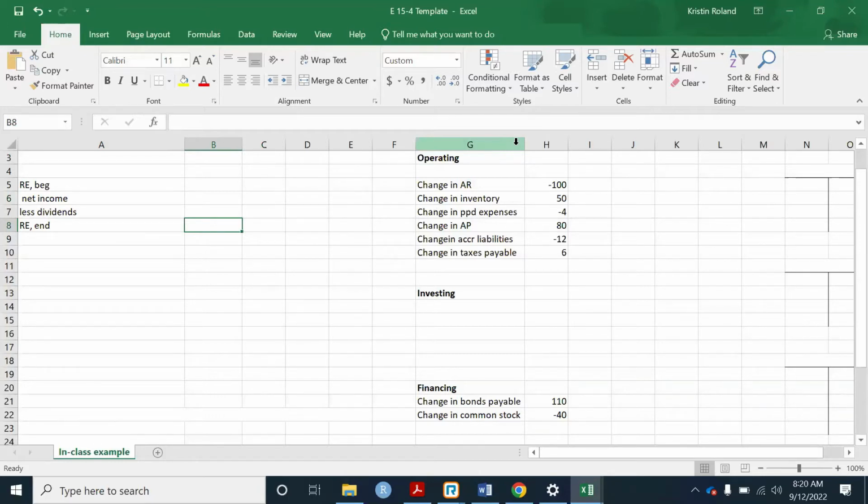What's my net income? Do I find net income on the balance sheet? No, there's no revenue or expense. It's on the income statement, on the last page. Do we see net income? 63. I'm going to plug that in right here. Where does net income go on my statement of cash flows? Operating. It's the very first line. Good.